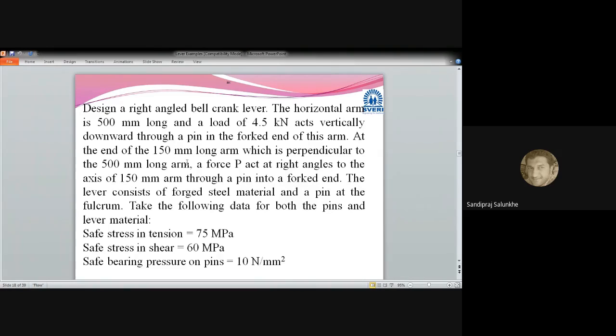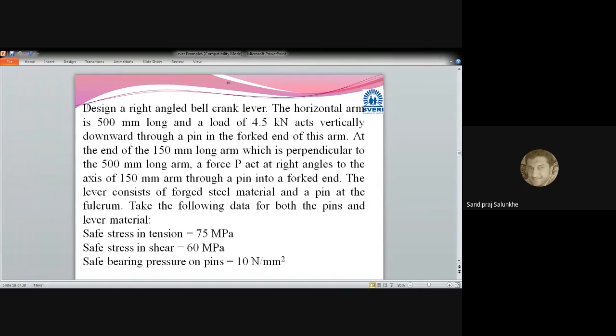See, when we are going to see that problem, because we have started this problem in the last lecture and we have completed it up to the design of pins.